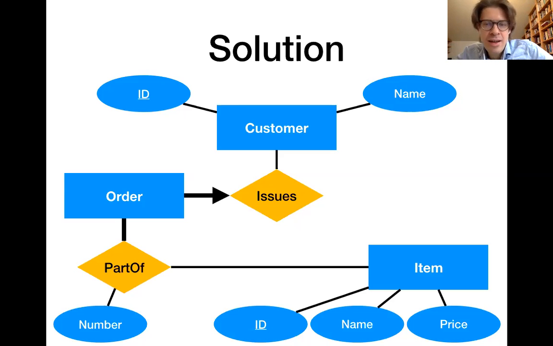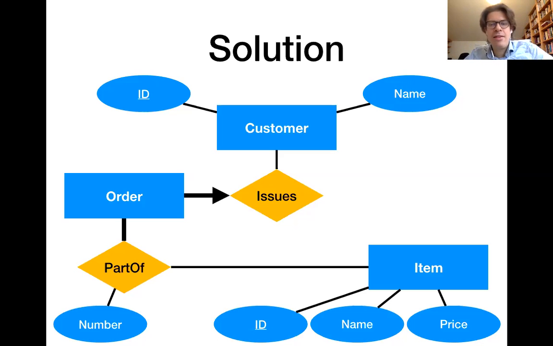Here the orders are connected to the items via a participation constraint. You have the thick line over there, which means that each order must consist of at least one item, otherwise it is not a proper order.